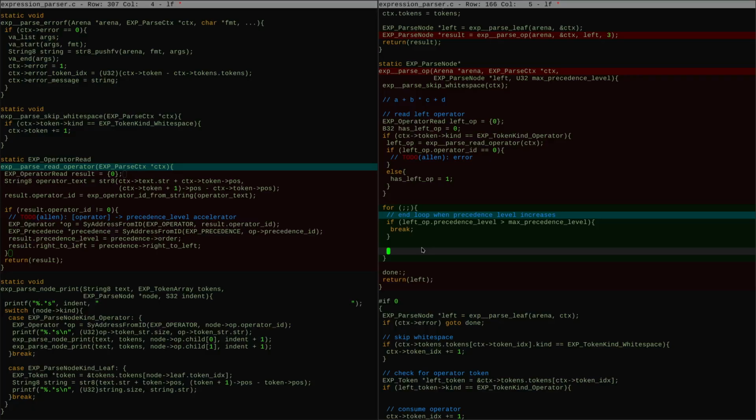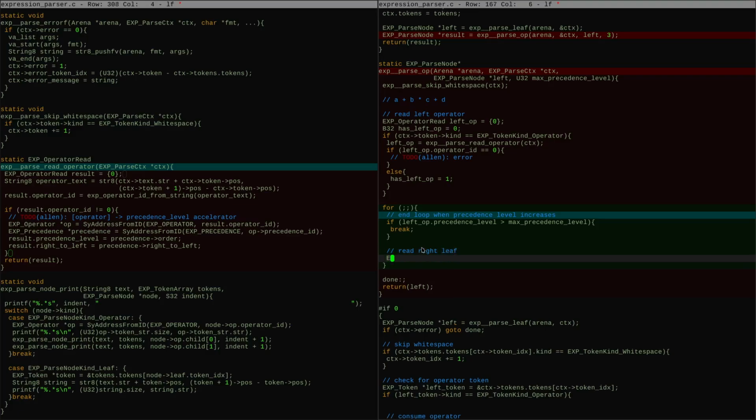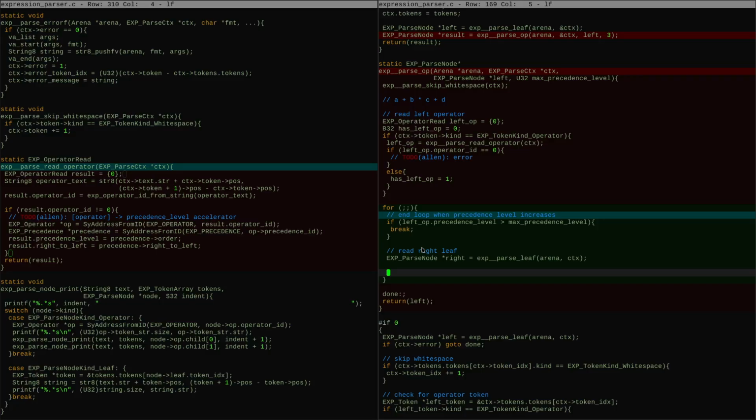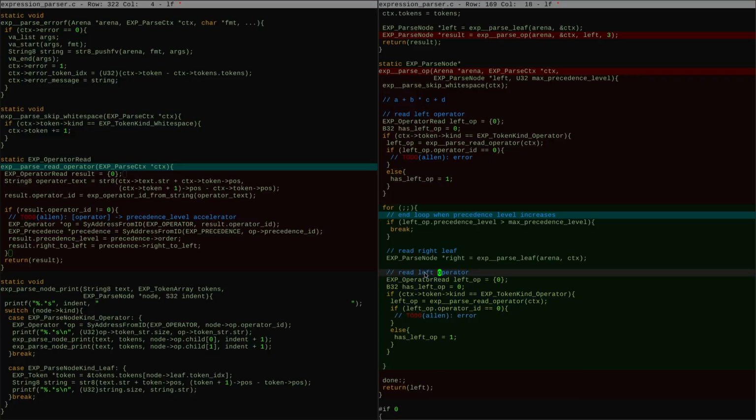Then we're going to read the right leaf. We read the right leaf, and then we can try to read the left or right operator. I think.